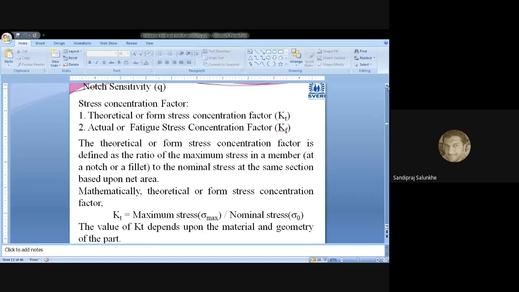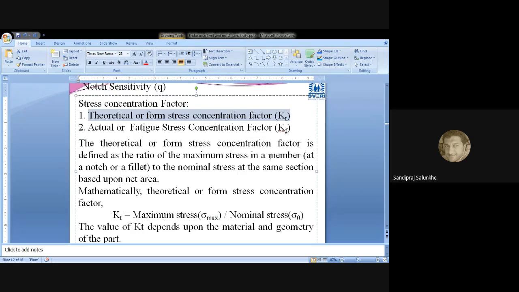Now, next thing, when we are talking about the notch sensitivity, then as I have already explained, we have to consider the stress concentration factor. The stress concentration factor again has two types. One is called the theoretical stress concentration factor.